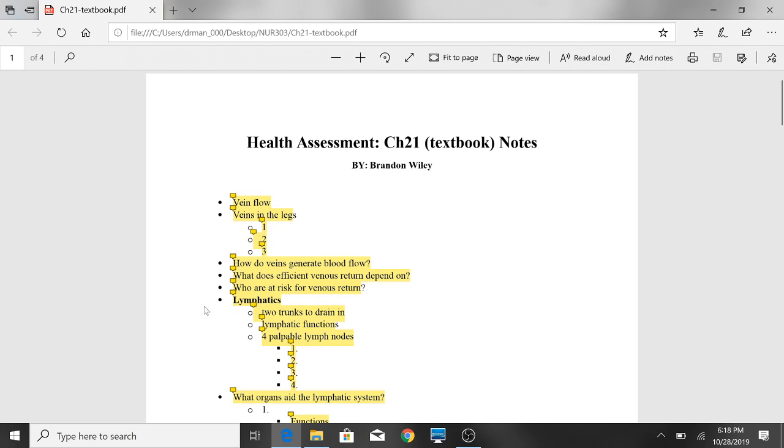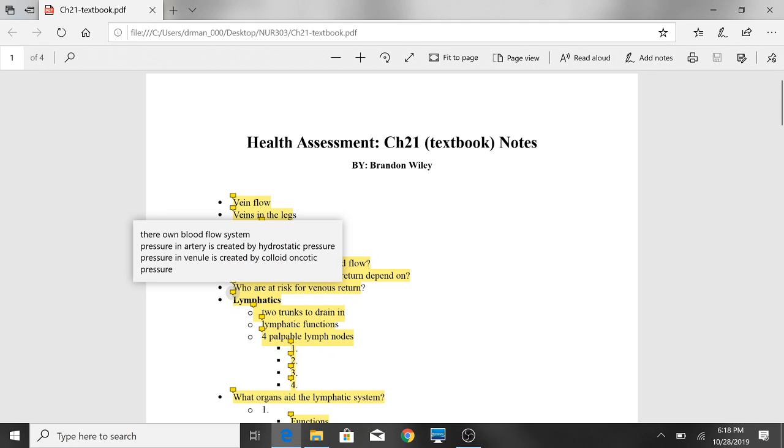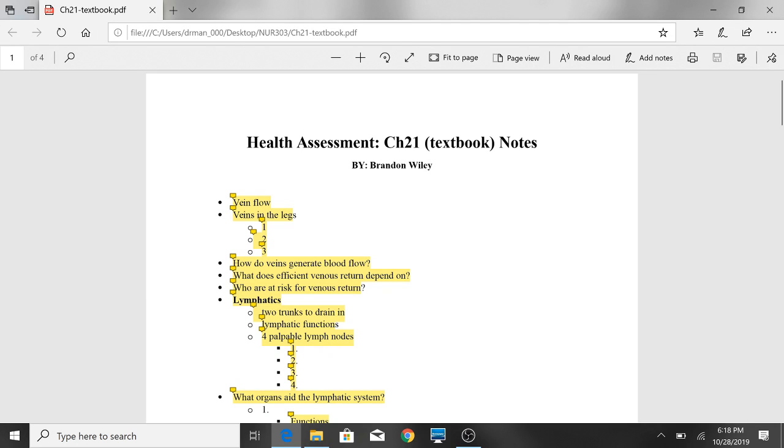Let's talk about lymphatics. It's its own system. In the artery, the pressure is caused by hydrostatic pressure, and in the venule, pressure is caused by colloid osmotic pressure, oncotic pressure, my bad. The lymphatic system drains into two trunks: the right lymphatic duct and the thoracic duct.